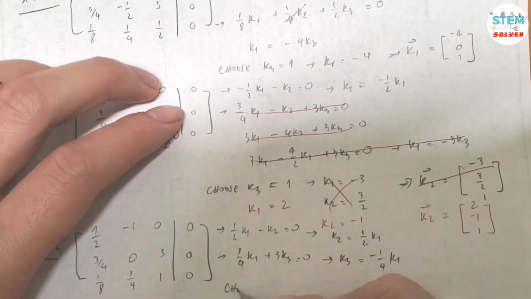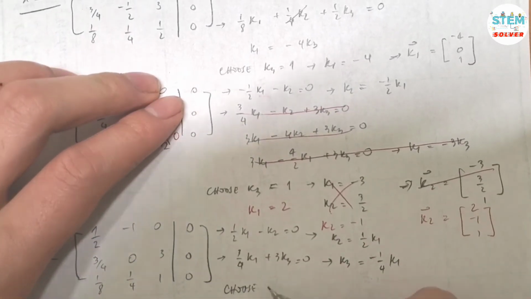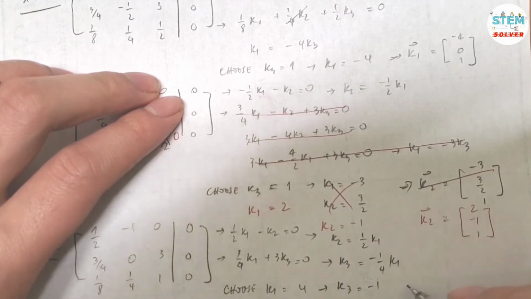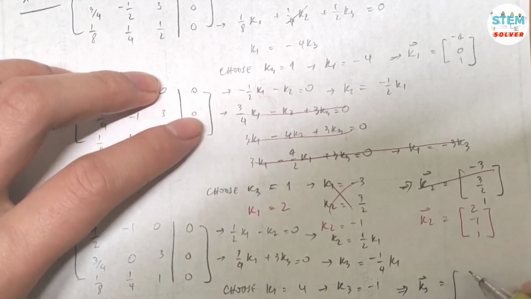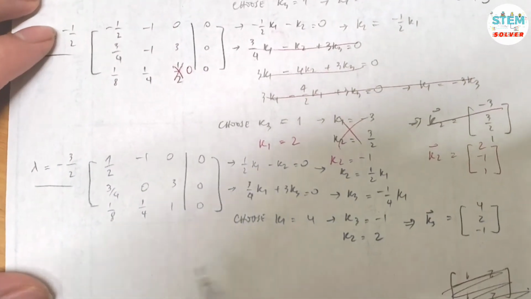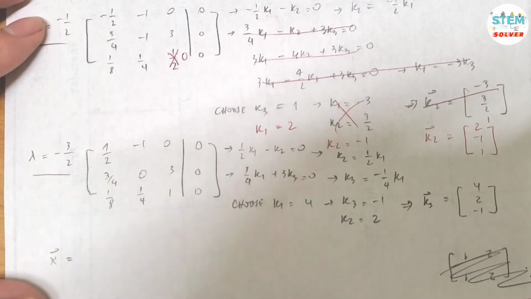Now if I choose k1 equals 4, that gives me k3 equals negative 1, k2 equals 2, then my vector k3 is 4, 2, negative 1.